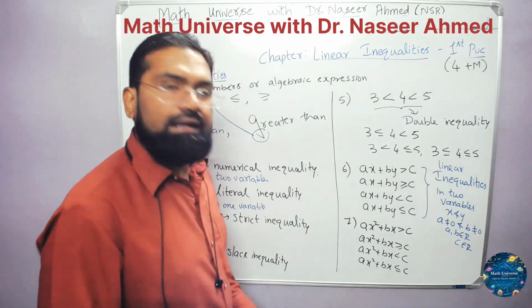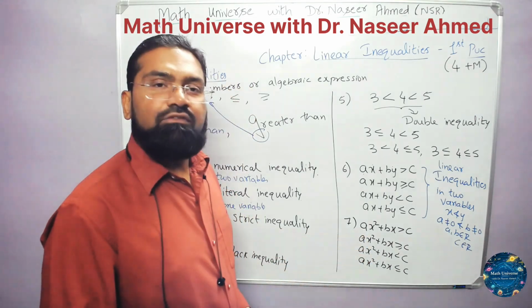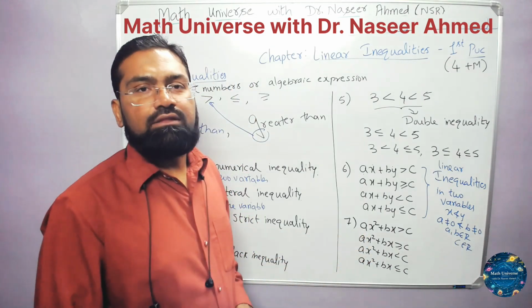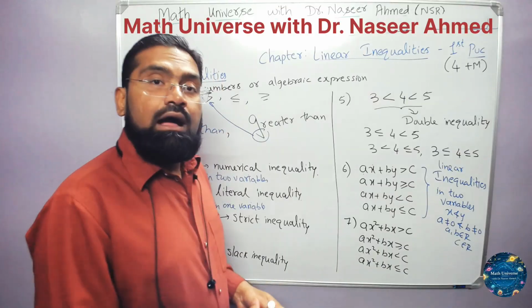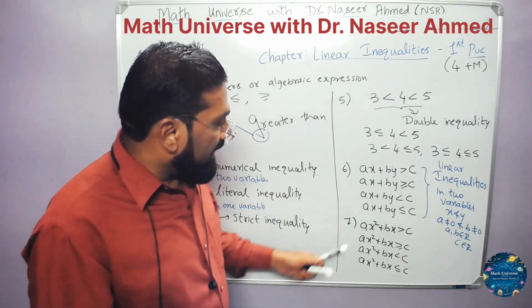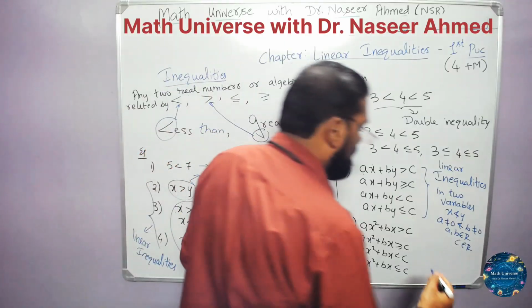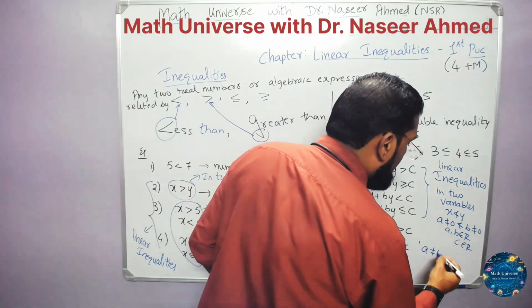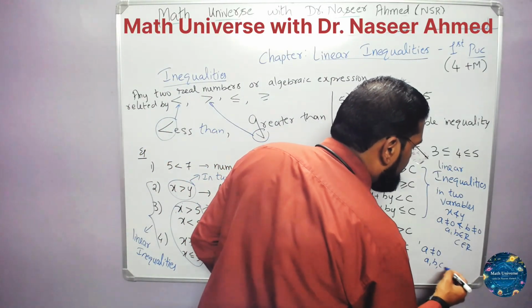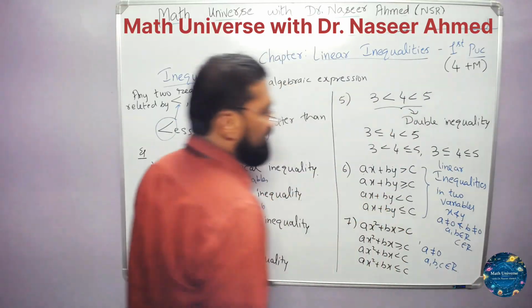These are all quadratic, and since I've got inequality, they are quadratic inequalities. As soon as I say quadratic, the highest degree should be 2, and the multiple of it is a, so a should not be equal to 0. And a, b, c are all real numbers.